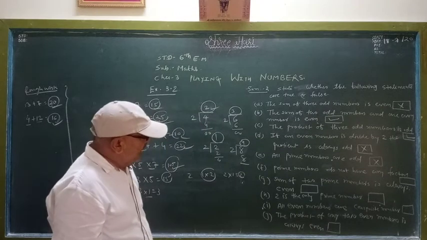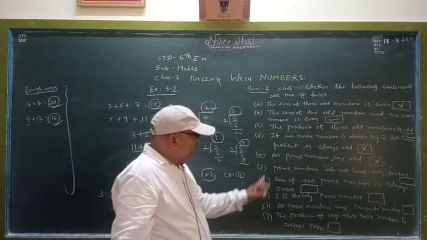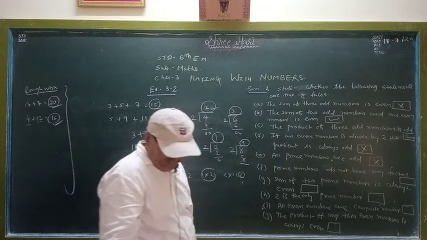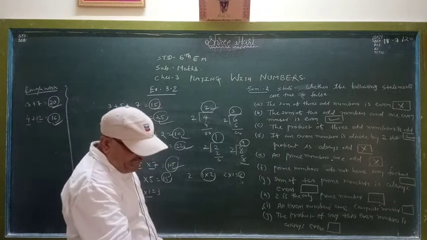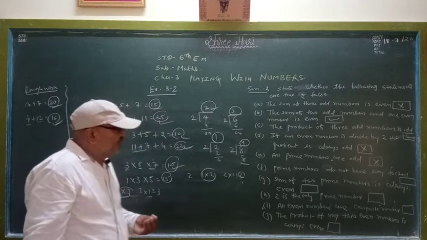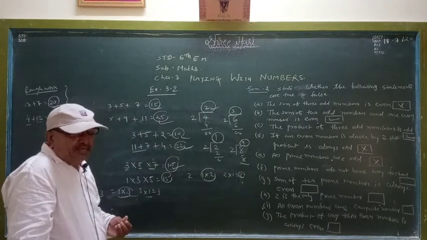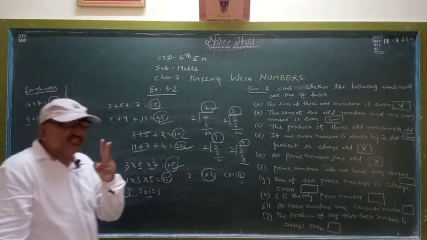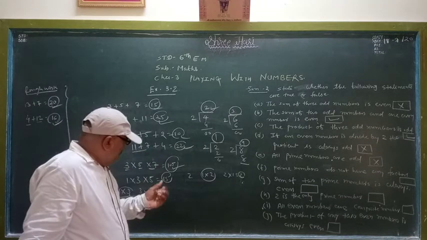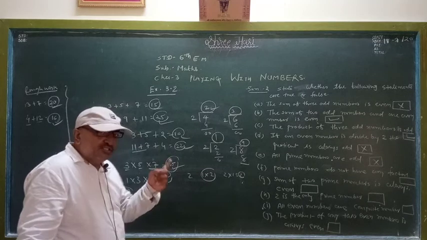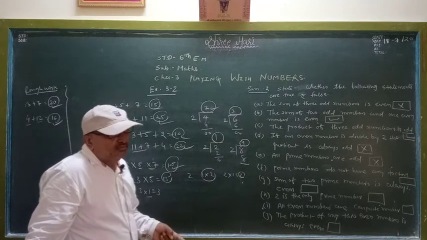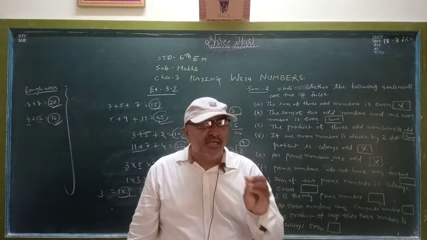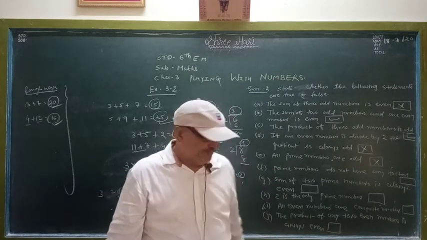Now F, prime numbers do not have any factors. I just told you the meaning of prime number. Prime numbers have 2 factors, one is 1, the other is the number itself. So any prime number has 2 factors.